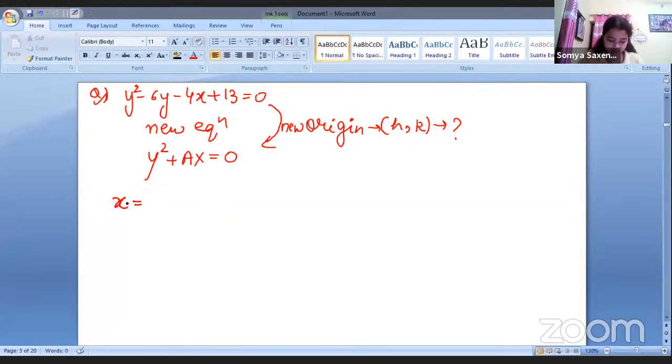So small x will be equal to capital X plus h, and small y will be equal to capital Y plus k, right? These two expressions we know. Now we have to use the old equation and come to the new equation, right? We have to use the old one and come to the new one.